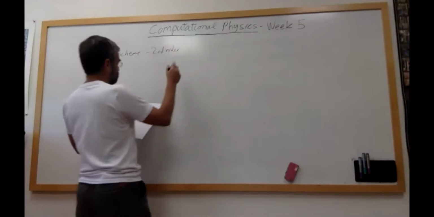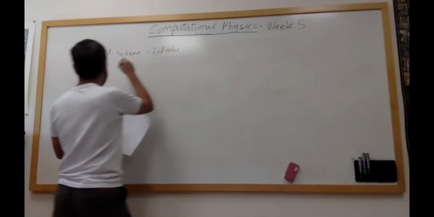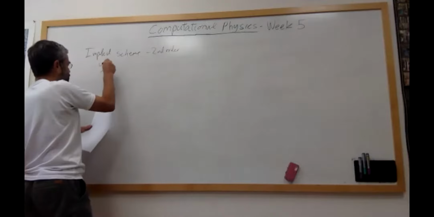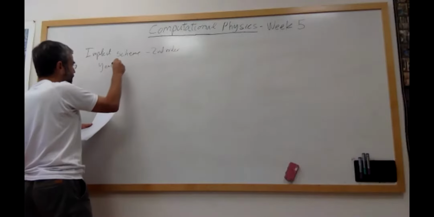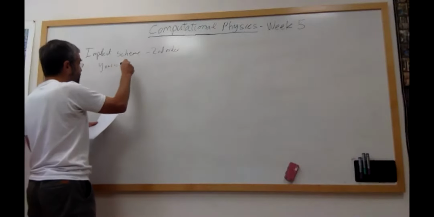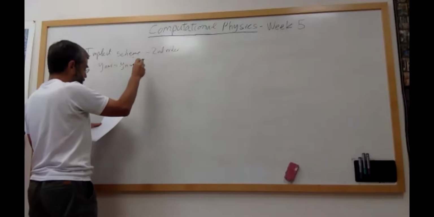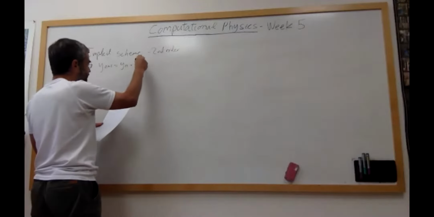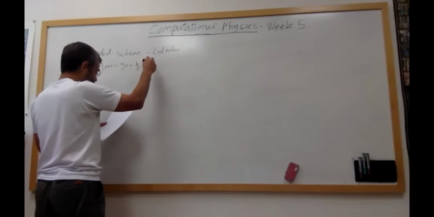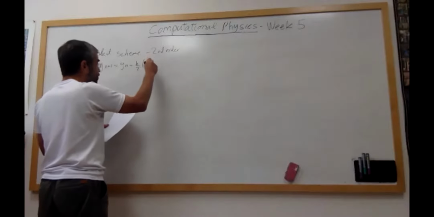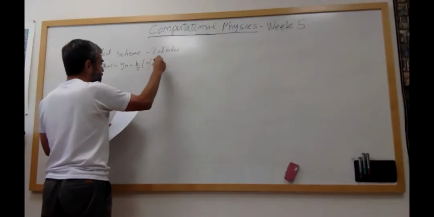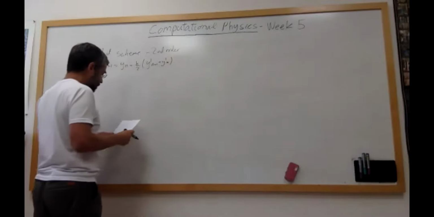So we can write that y_{n+1} is y_n, and now we take the midpoint or the average. So we take y'_{n+1} plus y'_n.